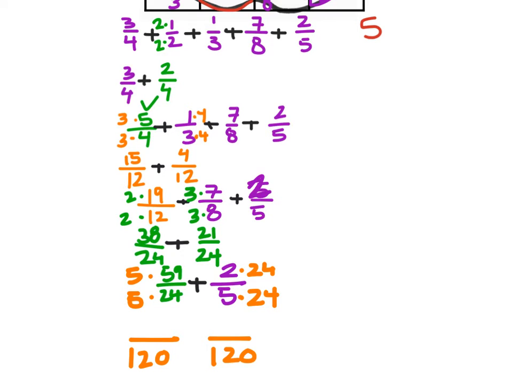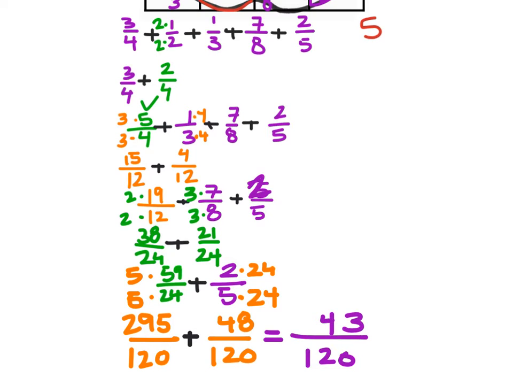And then 5 times 59, 295. And then 48 right there. So in 120ths, this will give me the answer for this one. 295 plus 48 is 343.